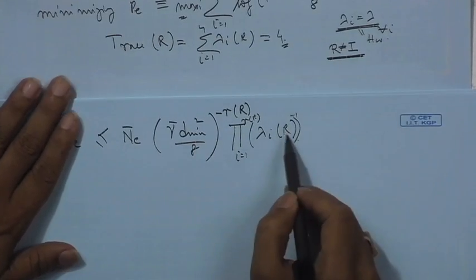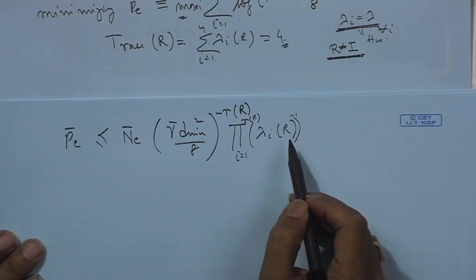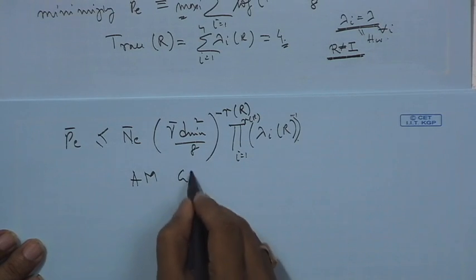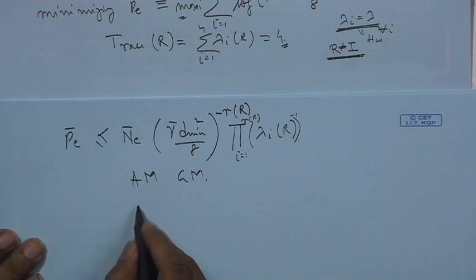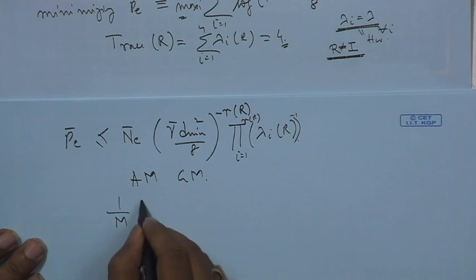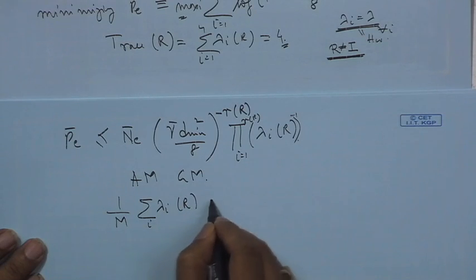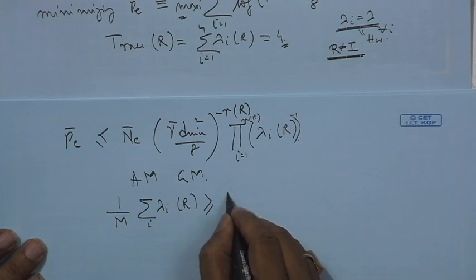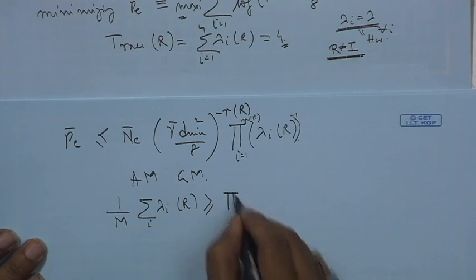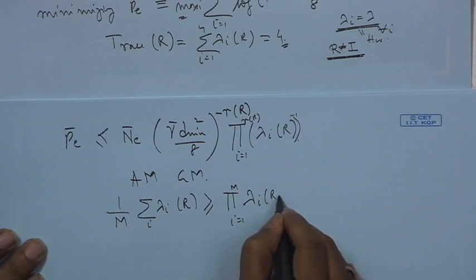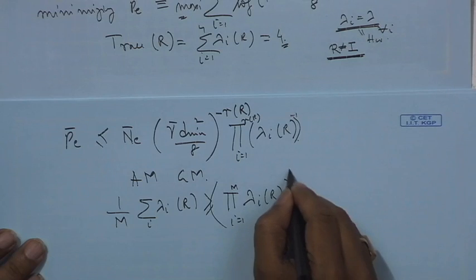Now let us see further what we have in this particular case. We would like to recall the arithmetic mean geometric mean inequality, from which we can say that 1 upon m sum over I of lambda I of R is greater than or equal to the geometric mean, product over I equals 1 to m of lambda I of R raised to the power of 1 upon m.